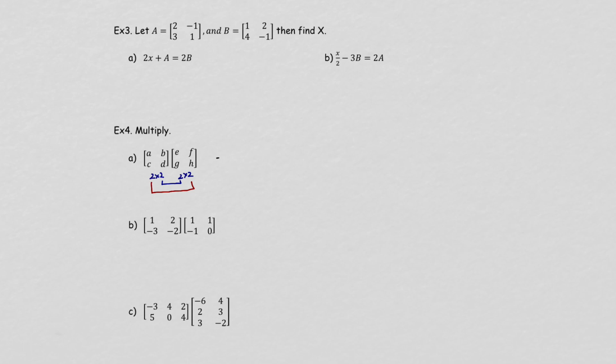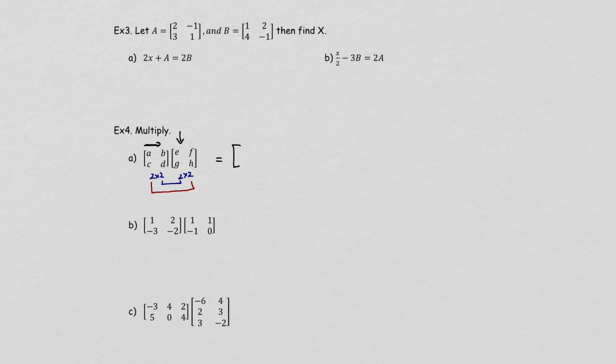In the first matrix, you're going to multiply by the row. In the second matrix, you're going to multiply by the columns. So this is just an exercise to show you how you're going to do the multiplications.